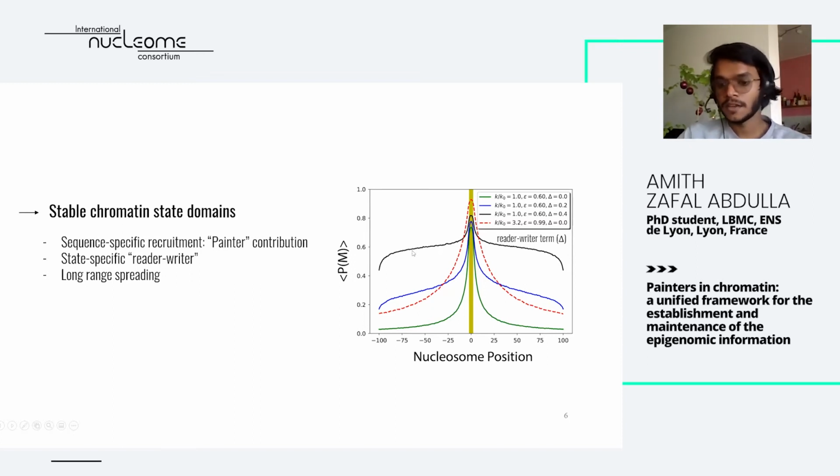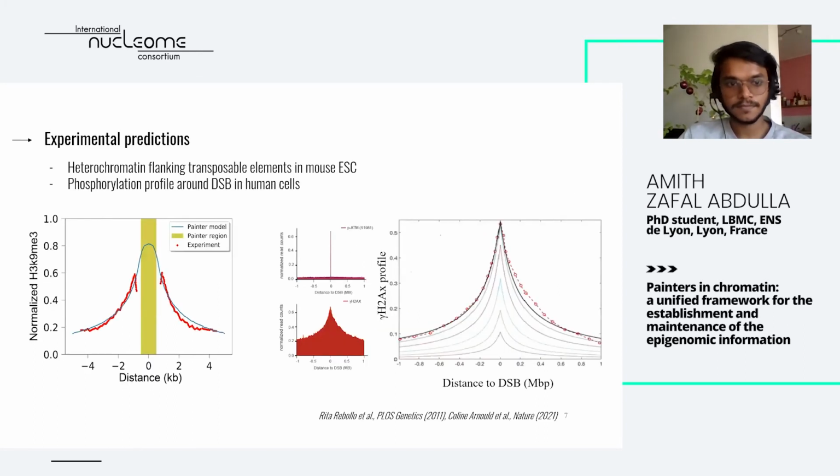Now we would like to relate this to some experiments and see if we can make experimental predictions. Here on the left, in mouse embryonic stem cells, we are looking at H3K9me3 marks, and we can predict the K9me3 profile around a transposon element with the sequence-specific painter model.